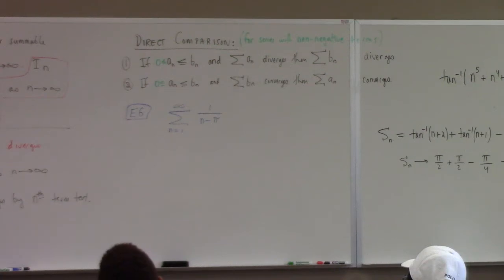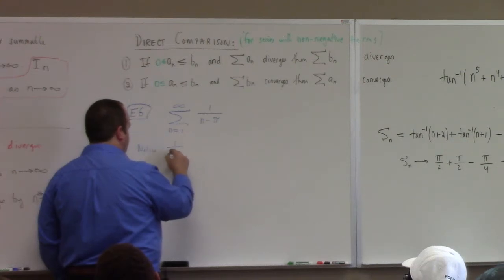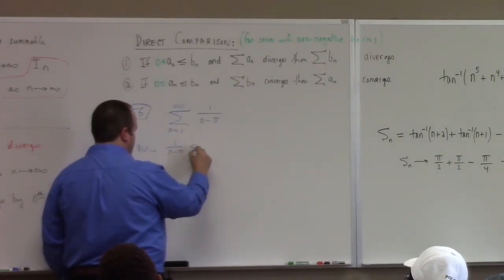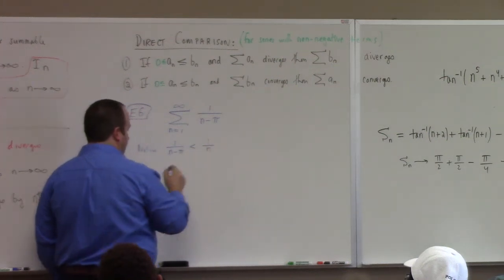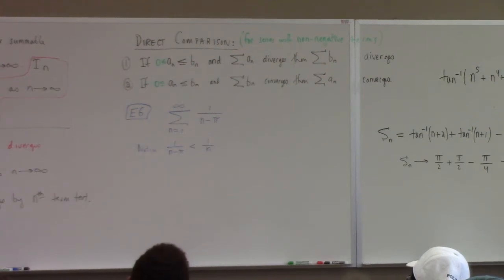So notice that 1 over n minus pi, right, is less than 1 over n, isn't it? Yeah. Now, can I apply the direct comparison test to this series? Not quite yet, right? Because it doesn't satisfy my criteria for a series with non-negative terms.